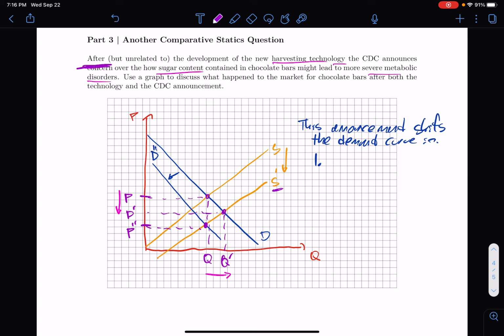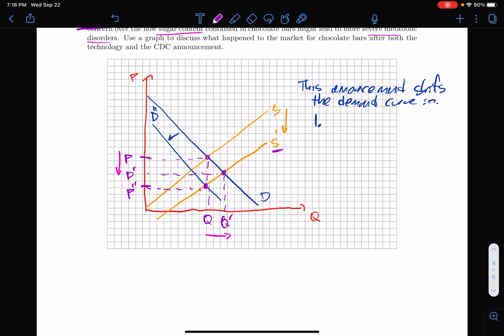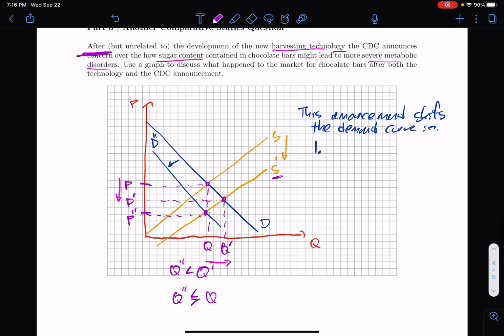And then we have some idea of where the new quantity is, but we know Q double prime is less than Q prime, but we don't know whether Q double prime is greater than, equal to, or less than our original quantity.